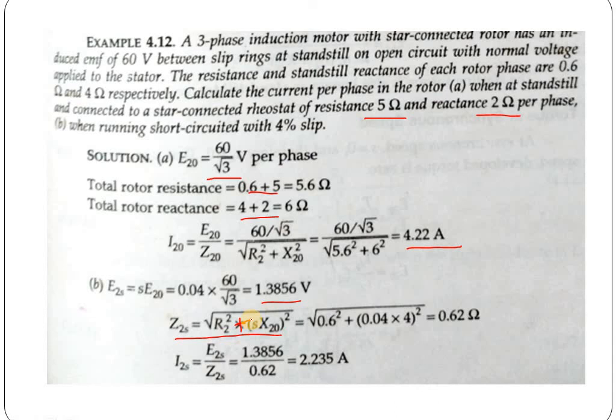So the value of Z2S is 0.62 ohm. And I2S will be E2S by Z2S, that is 1.3856 divided by 0.62, that is 2.235 amperes. So those will be the currents in both conditions, when at standstill and when running short circuited with 4% slip.